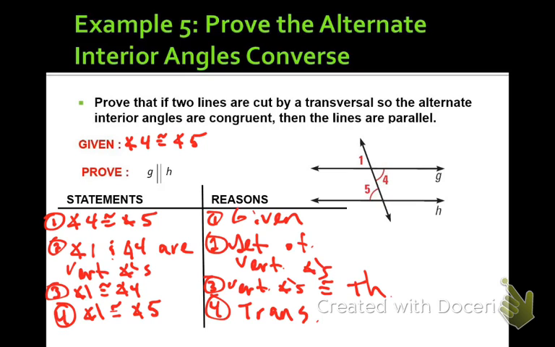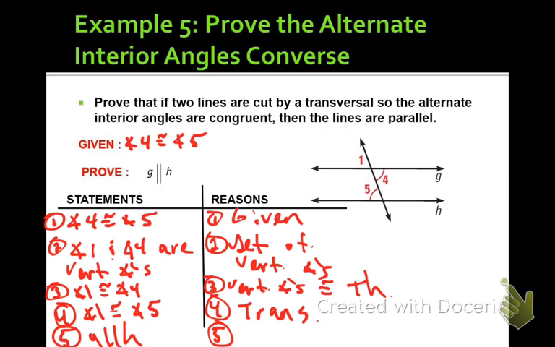Okay, now that angle 1 and angle 5 are congruent, we can say the two lines are parallel.